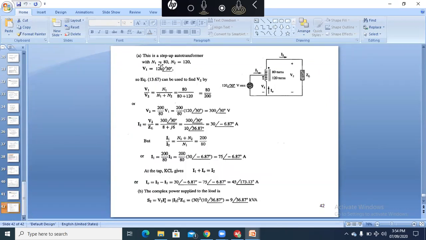For this, we know the turn ratio: N1 is 80 turns and N2 is 120 turns. And V1 is equal to 120 at the angle of 30 degrees. So this is in fact a step-up transformer.